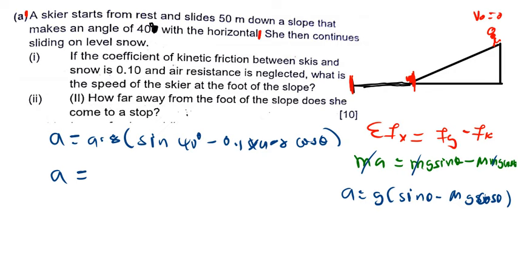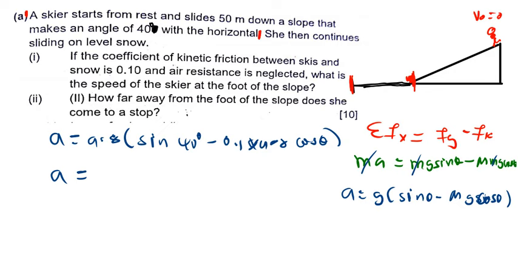You first need to say 0.1 times 9.8, which is 0.98.